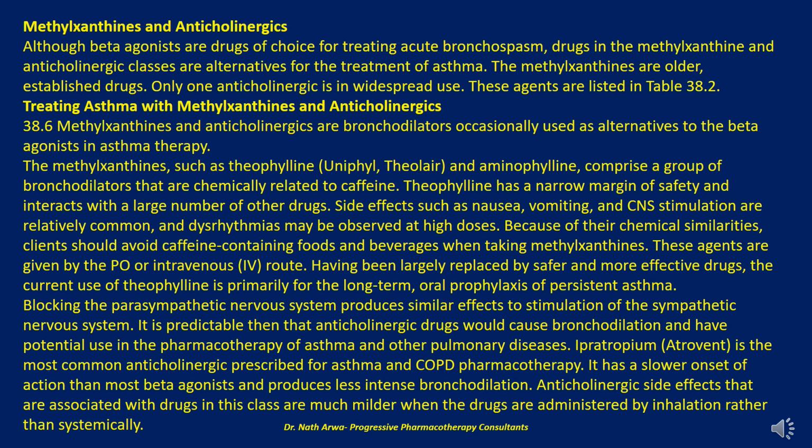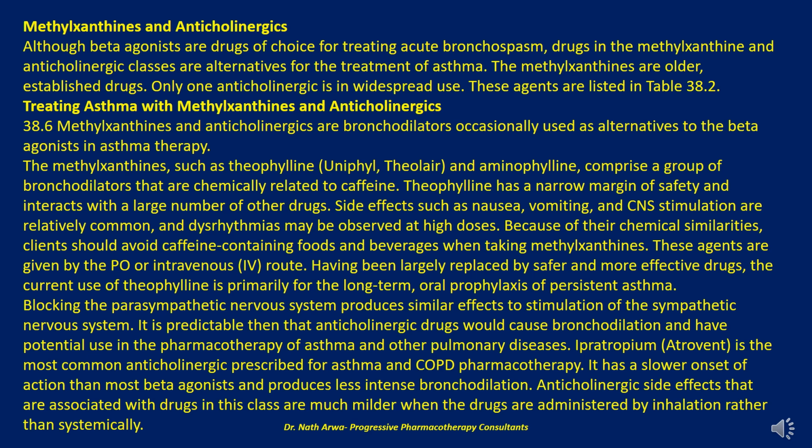Blocking the parasympathetic nervous system produces similar effects to stimulation of the sympathetic nervous system. It is predictable then that anticholinergic drugs would cause bronchodilation and have potential use in the pharmacotherapy of asthma and other pulmonary diseases.